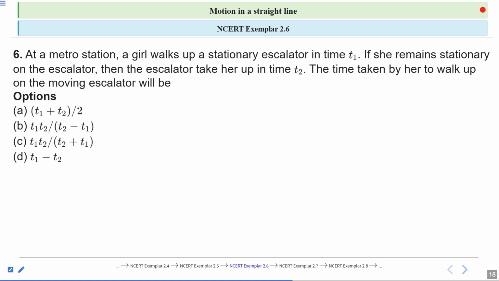What will be the time taken by her to walk up on the moving escalator? Options: A, (t1 + t2)/2. B, t1t2/(t2 − t1). C, t1t2/(t2 + t1). D, t1 − t2. Which one is correct? Think about it. Please solve.